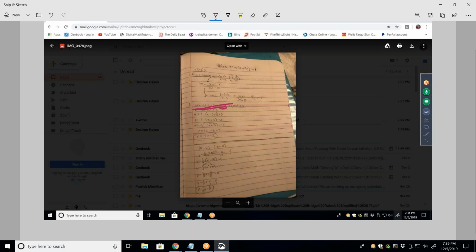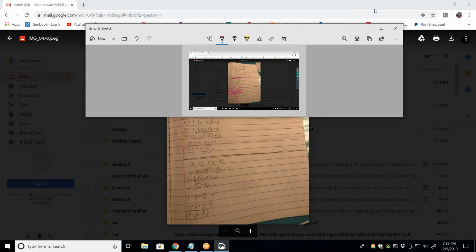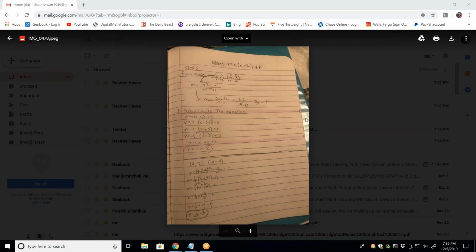It's not your formula there. None of these are going to be right. So this page isn't really worth looking at. We can answer the questions, but you have to start out with the correct general formula. If you start out with the wrong general formula, you can't get it right. That's the wrong general formula right there. It's not y equals m times x minus h plus k. That nowhere in math is true.